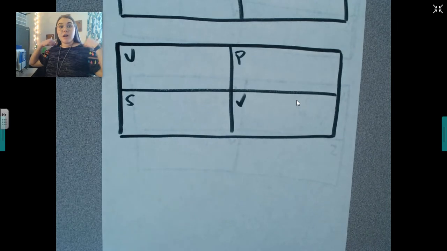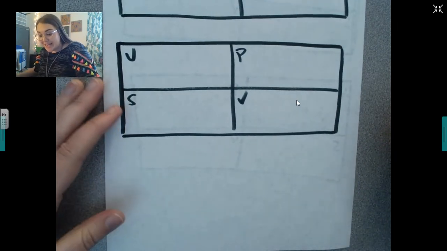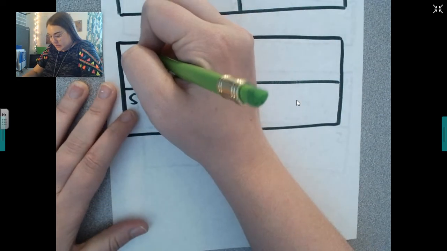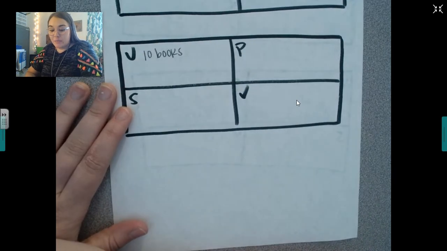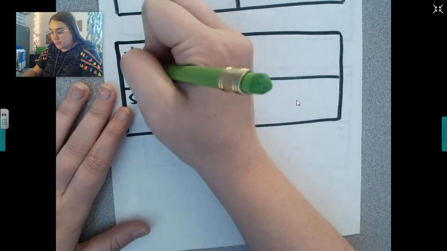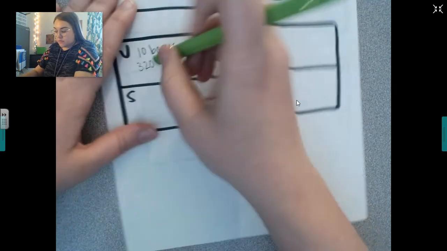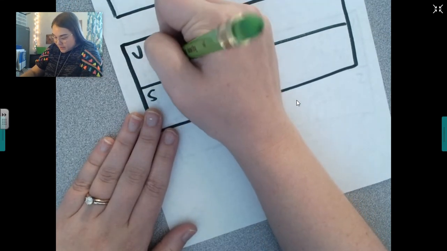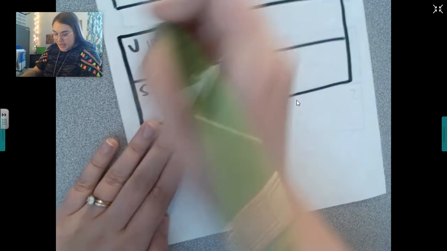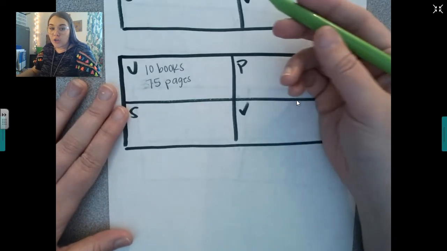So, Sarah purchased 10 books. Each book has 75 pages. How many pages are there all together?